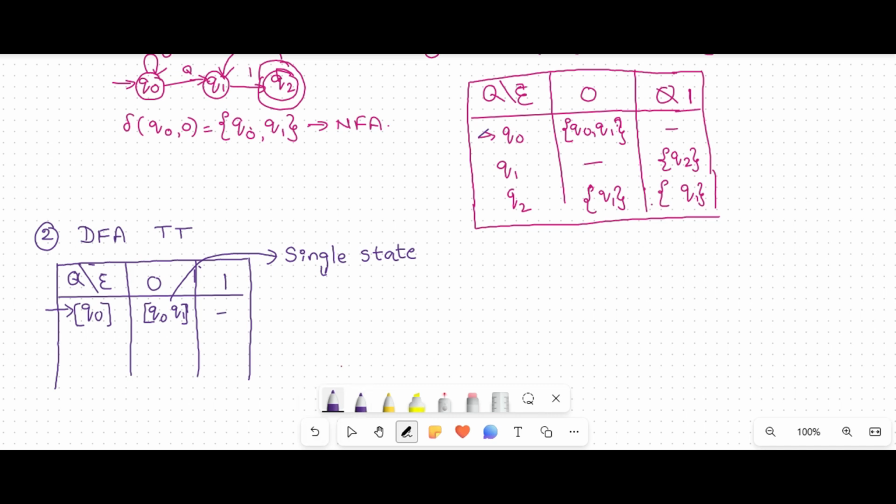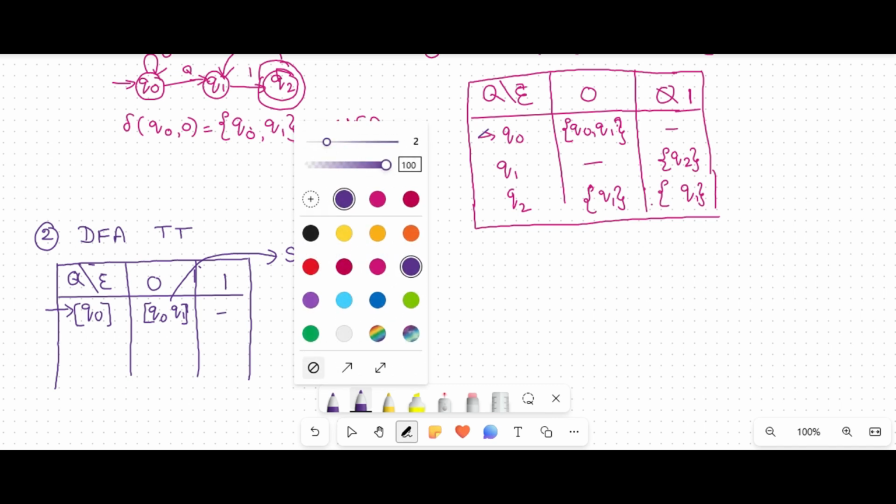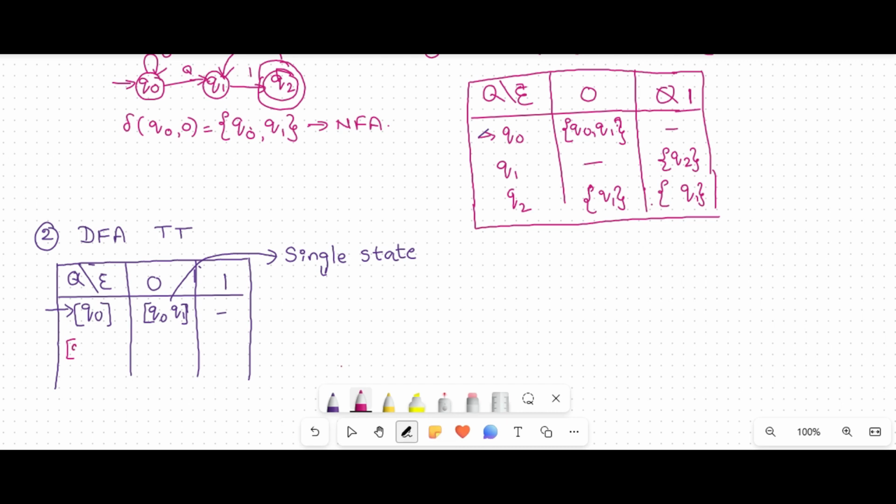Now this is a new state which is not present in the left hand side of the transition table. So that's why I am taking this as a new state, Q0 Q1. Q0 Q1 with 0: how to find out the transition for this? Q0 Q1 with 0 is the transition of Q0 with 0 union the transition of Q1 with 0.